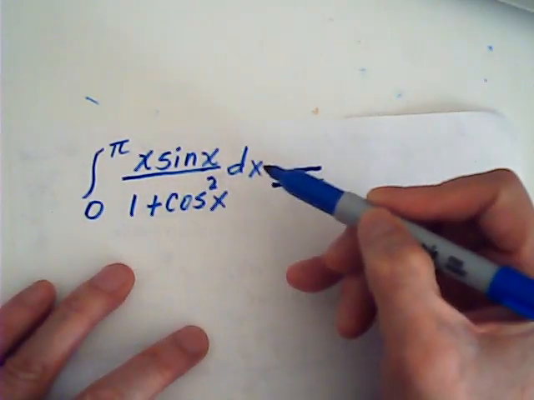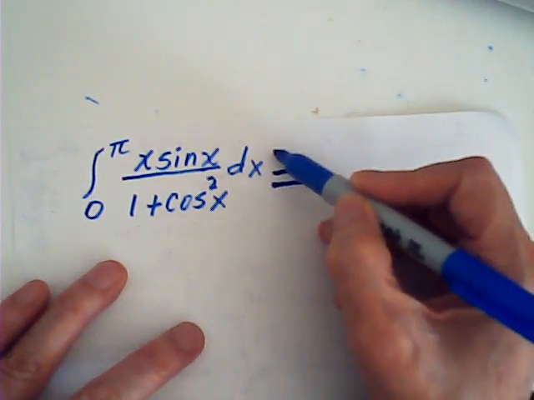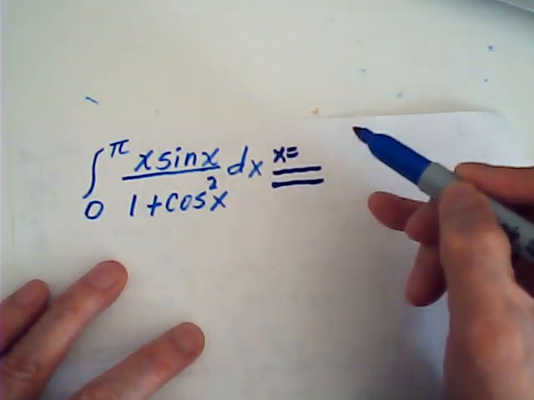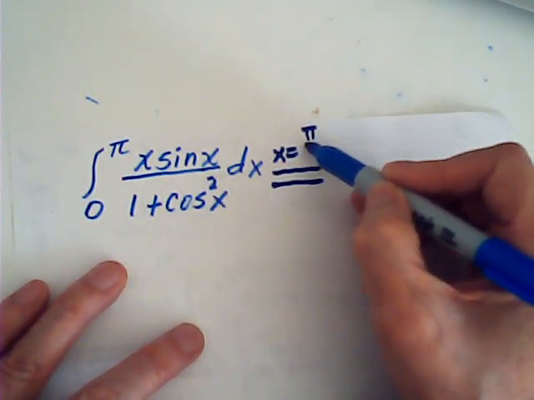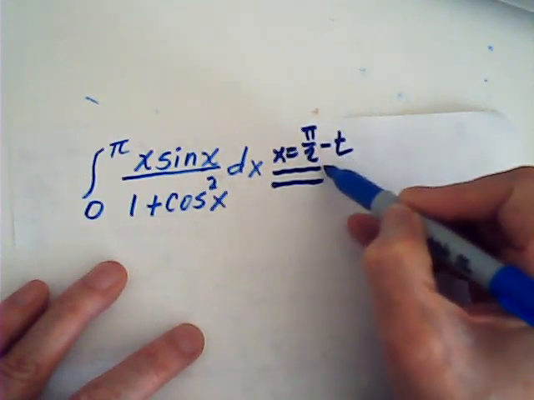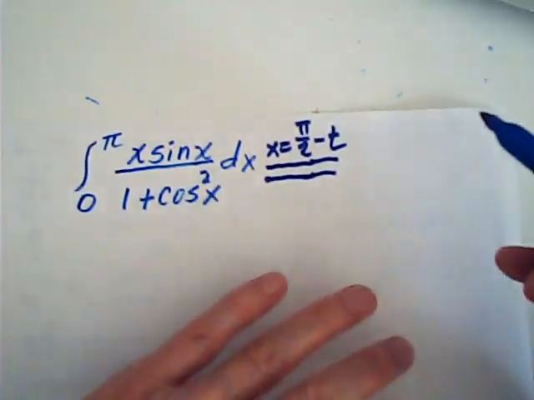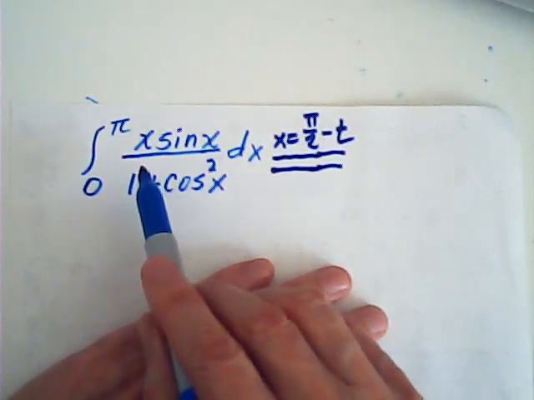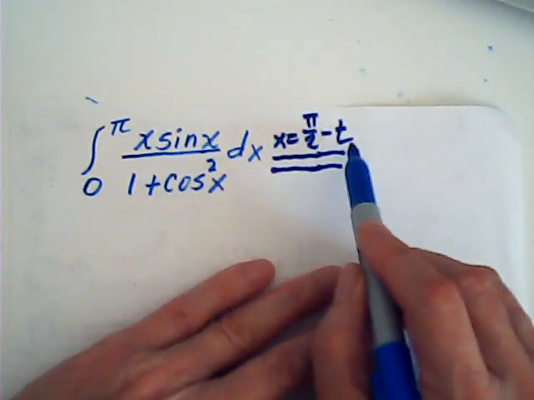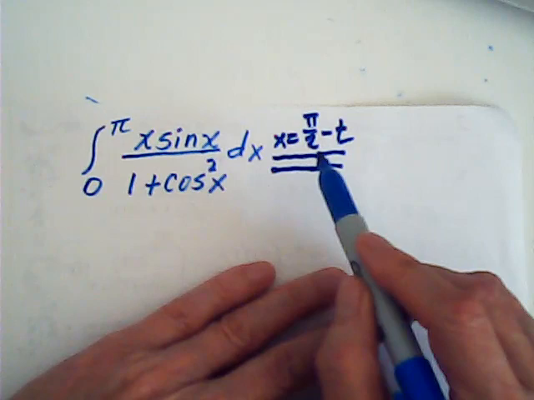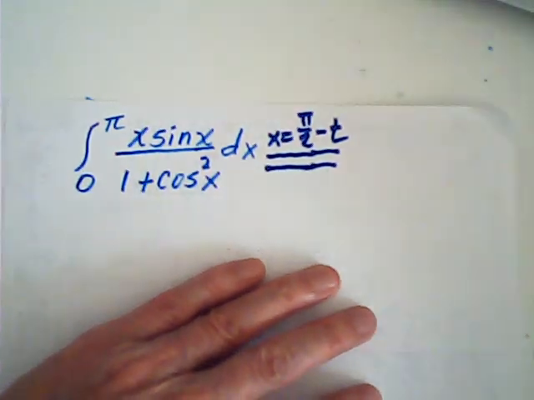Let me put it this way. This is equal to: let x be half pi minus t. Okay, we introduce t such that x is half pi minus t.